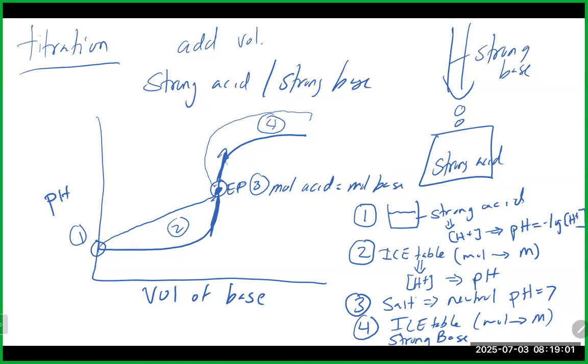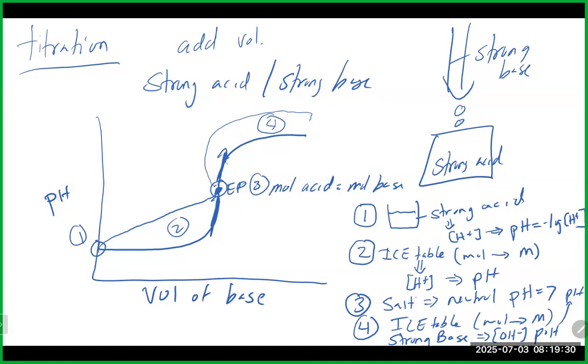You will also, in this case, still have the salt that's neutral, which you don't have to worry about. But because that is a strong base, remember that that will get you your OH minus concentration, which then would get you your pOH and then your pH at that point. And again, we do need the ICE table to figure out how much of the strong base is left over at that point.